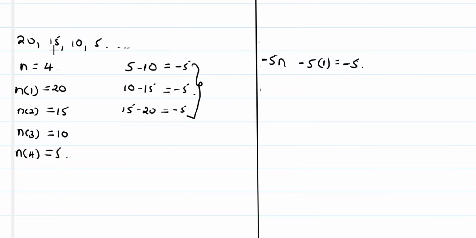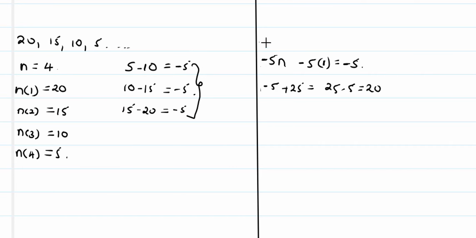So we ask ourselves, what can we either add or subtract to negative 5 to give us 20? And in this case, I think it is 25, because minus 5 plus 25 is just the same as saying 25 minus 5, which is 20. And 20 is our first term.